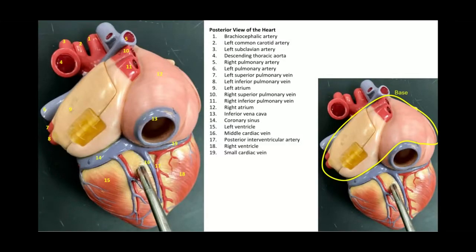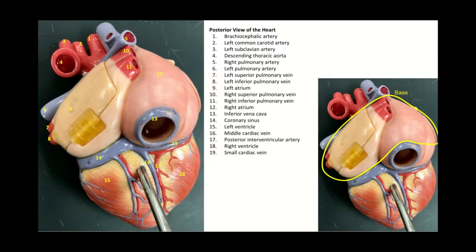I will show you in the next picture. The coronary sinus is this vein which comes inside the right atrium, and it can bring the deoxygenated blood of the heart wall to the right atrium.